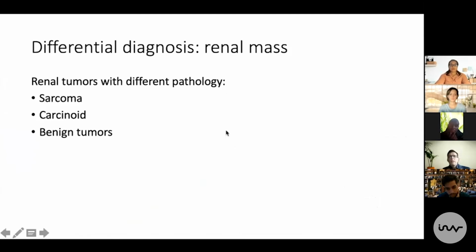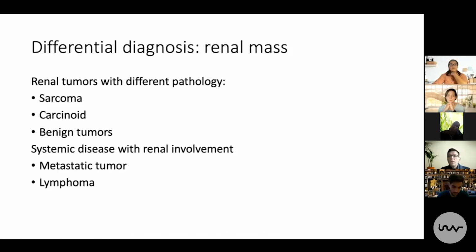So there are some differential diagnostic questions, but in the case of renal tumors with different pathology like sarcomas, carcinoids, or the mentioned benign tumors, the therapeutic consequence is not so important as long as the tumor is confined to the kidney. However, it is important to know if the renal mass is part of another systemic disease, such as metastasis or lymphoma, both from a diagnostic as well as from a therapeutic point of view.